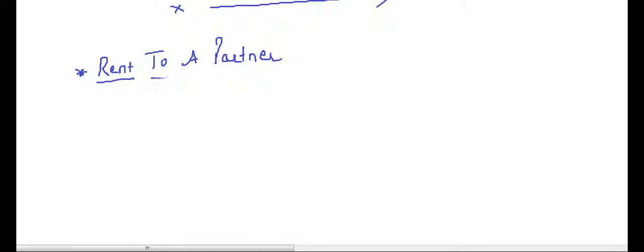Now one more small point we have. If the firm is paying rent to a partner, it is a partner's building where they are running the partnership business, and out of the partnership firm they are paying a rent to a partner. Suppose they are paying 5,000 per month as the rent to the partner.